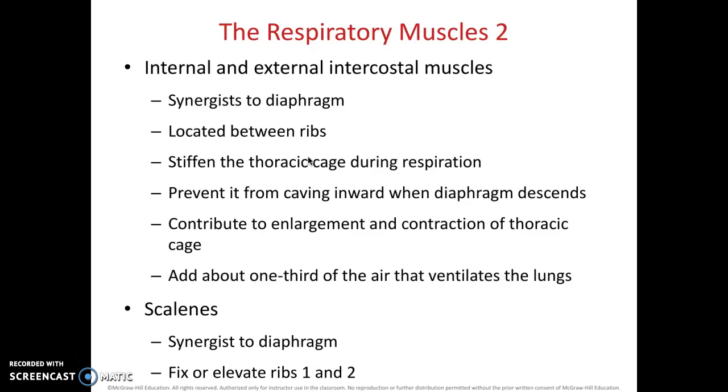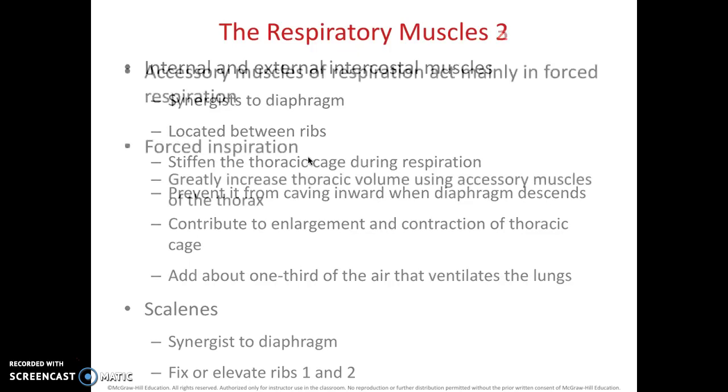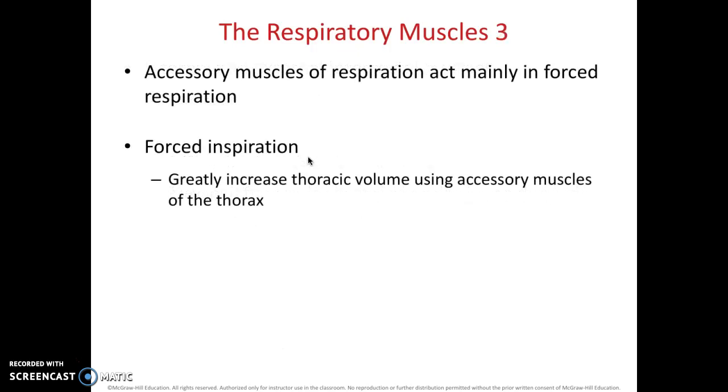There are also scalenes, which act as synergists to the diaphragm, and they can fix or elevate the first and second ribs. In addition, there are also accessory muscles of respiration that act usually in forced respiration. These can be things such as the erector spinae and the abdominal muscles, things that you would notice while you're forcing that inspiration.